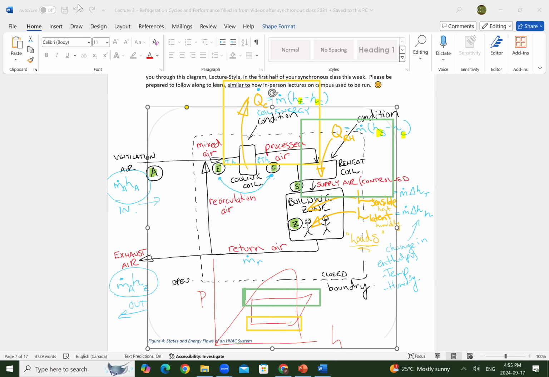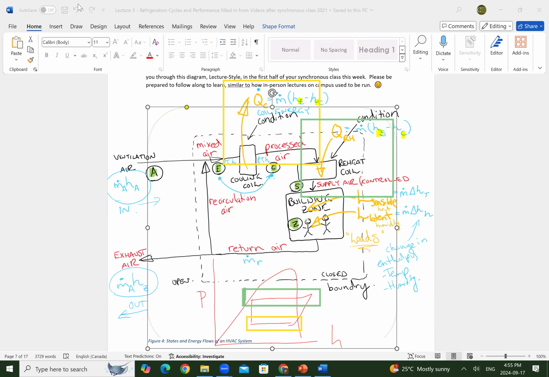And that's kind of new. And if we were to do a first law energy analysis, these are significant. Our first law energy analysis will say I have some ventilation air coming in at a flow rate m dot. It has this amount of enthalpy HA.